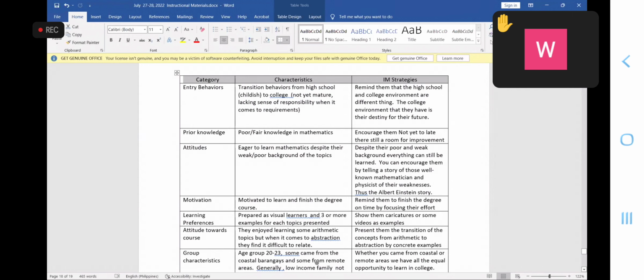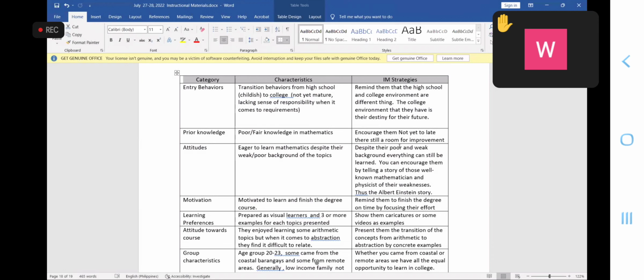Motivation: motivated to learn and finish the degree course. Remind them to finish the degree on time by focusing their effort. Learning preference: most of my students are really visual learners. So they are asking for more examples for each topic. So aside from presenting more examples, it would be better to show them some caricatures or some videos as examples.